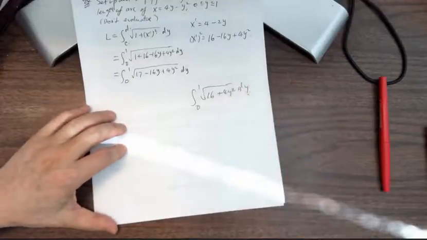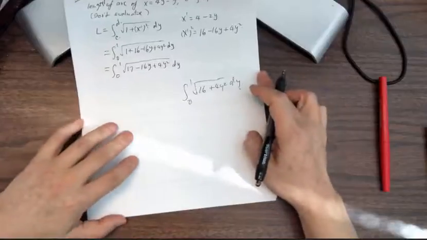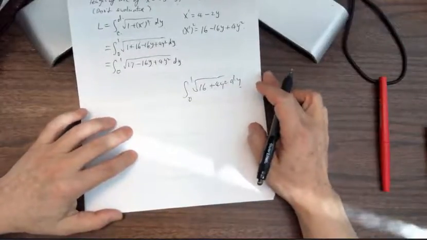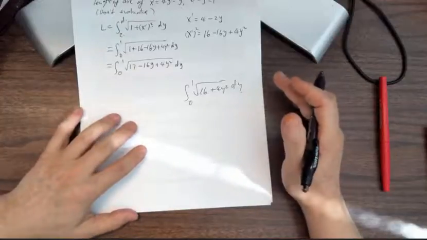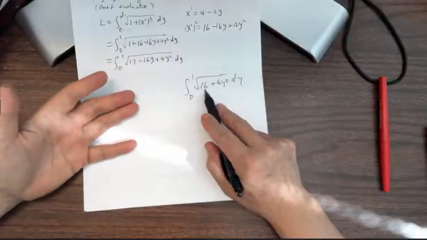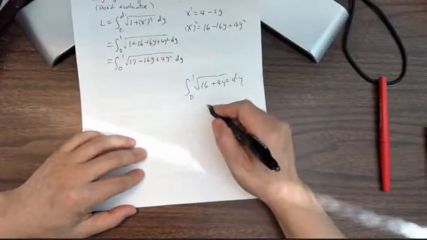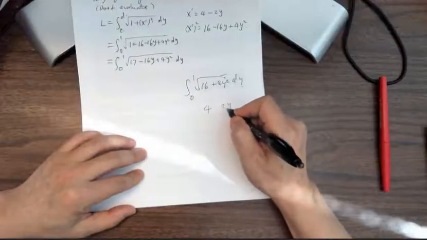People often try to simplify, which is good, but they may do things wrong, not being careful. They think, well, that's perfect, there's 16, so 4, and the square root of this guy is 2y.